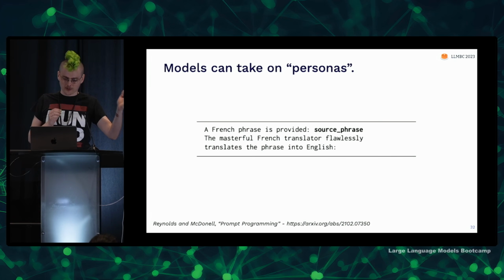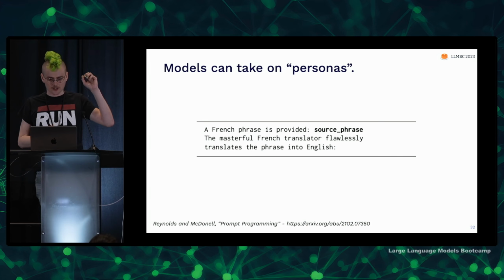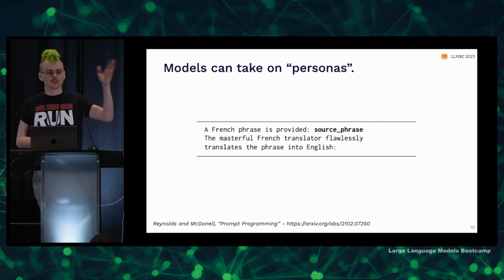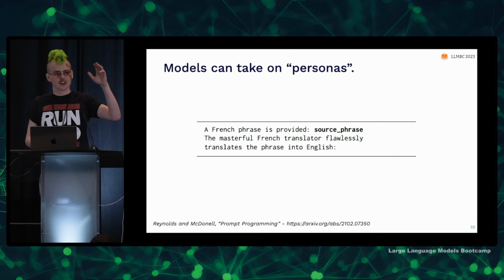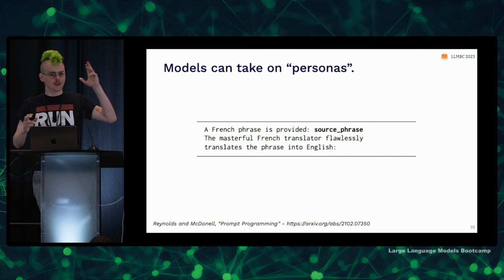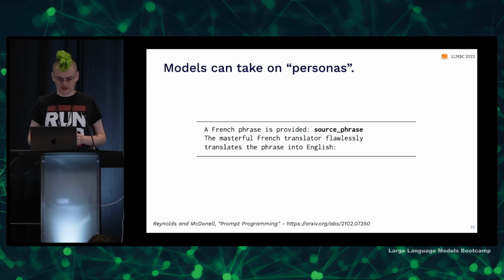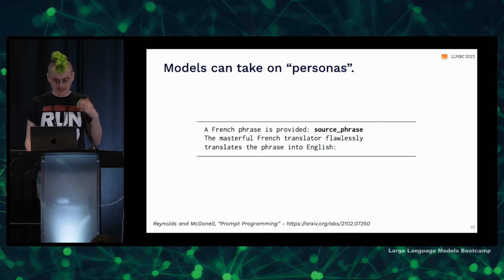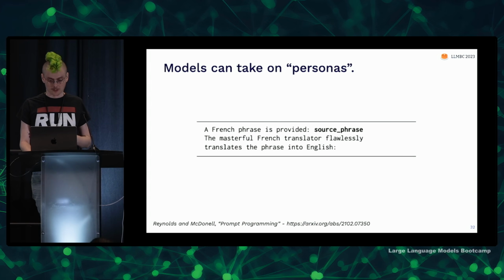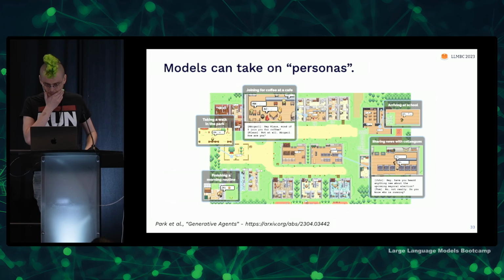So a French phrase is provided, source phrase in English. The masterful French translator flawlessly translates the phrase into English. If you have in your head a mental model of masterful French translators, it's very clear what to produce next. And this actually massively improved the performance of some of the smaller GPT-3 models on this task.